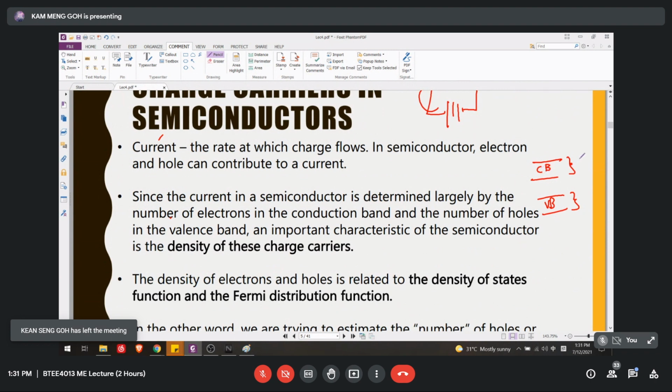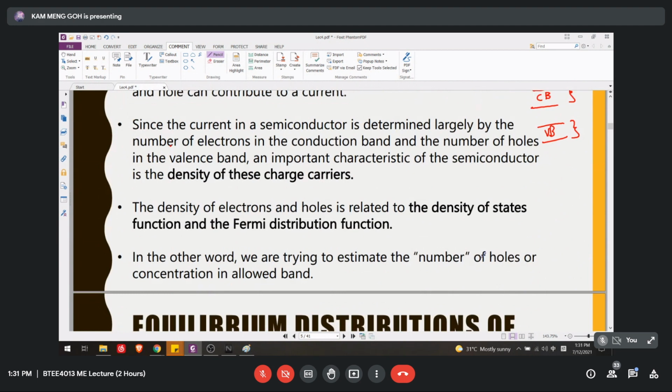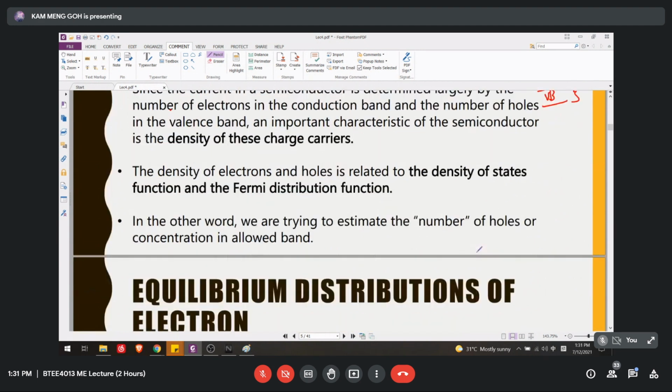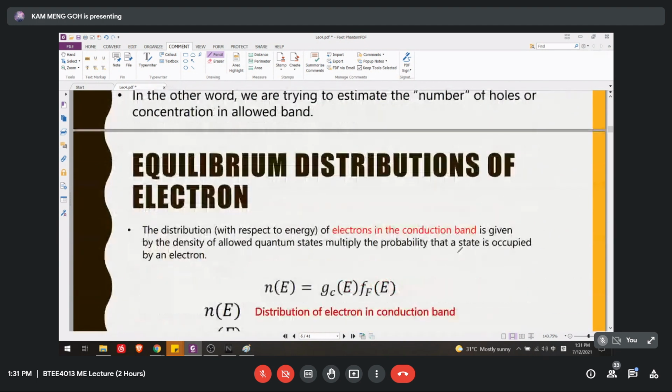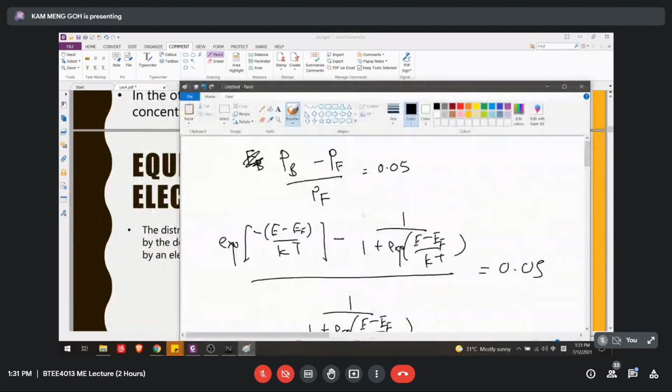Okay, we need to do the density. The density of the electrons and the holes is related to the density of states function and the Fermi-Dirac distribution. In other words, we try to estimate the number of holes in the allowed band. You might be confused with this, so maybe take it like this.